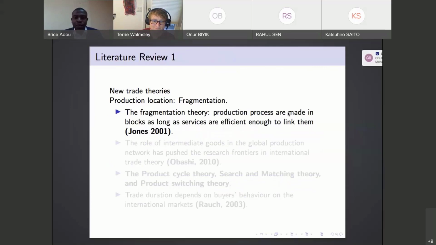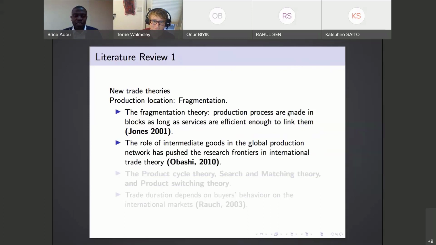The fragmentation theory typically says that the production process is made in different blocks, as long as services can allow that and provide some efficiency to link those different blocks. We also noticed from the literature that the role of intermediate goods is important for the global production network.